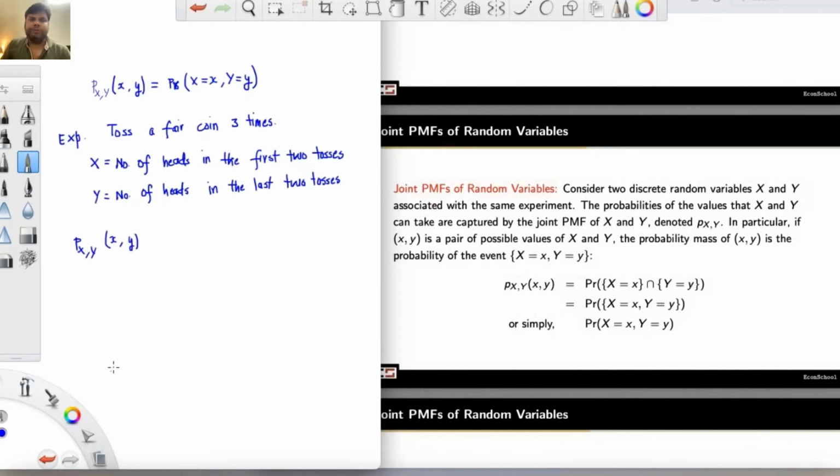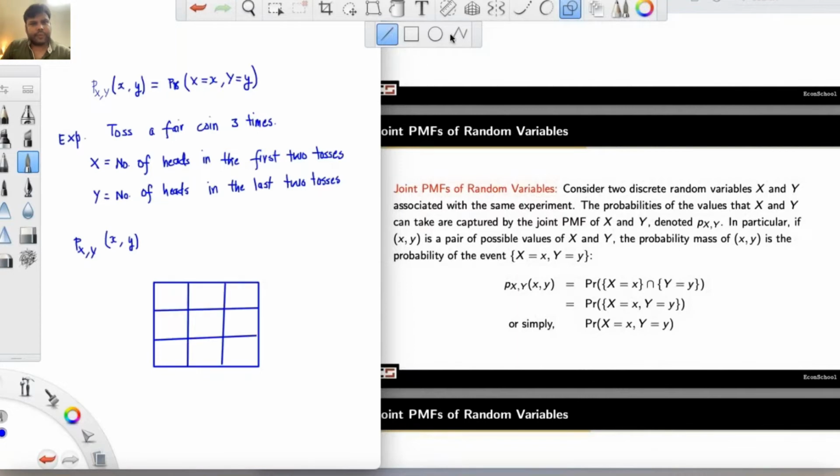The way we can do that is the following: we can make a joint PMF table. Observe that the random variable X can take 3 values: 0 heads, 1 head, and 2 heads.